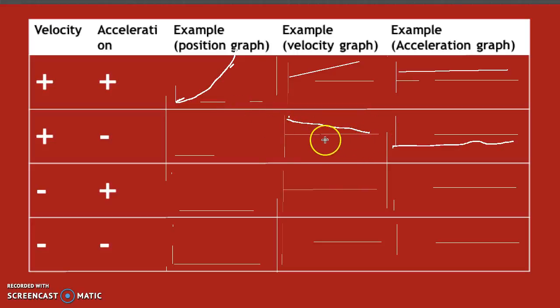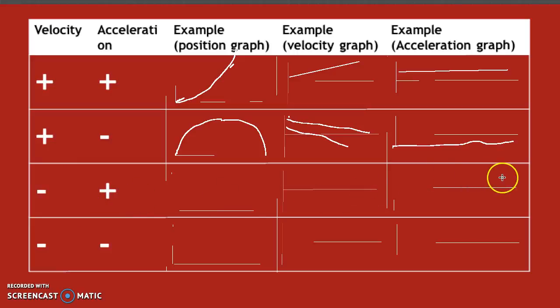Okay, and there could be a version of this where you slow to a stop and turn the other way, depending how you want to look at it. So if we start with a positive velocity but have a negative acceleration, we're going up but slowing down. Then if you want to go past 0, then go negative the other way, it might continue on like that.